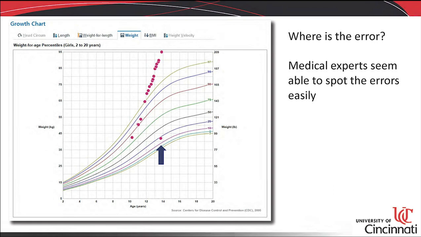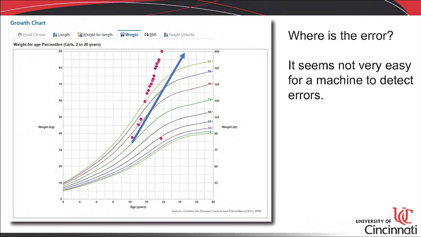So maybe this one could potentially be an error. But you can easily spot that. If you run a regression line, I don't know how you tell machines to spot which one is an error. There could be more sophisticated programs to do that, but it's not obvious.